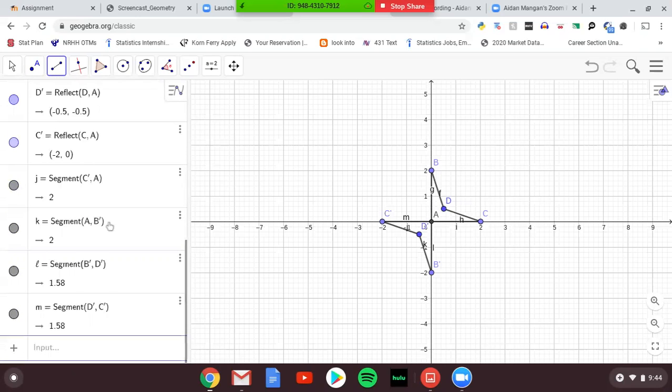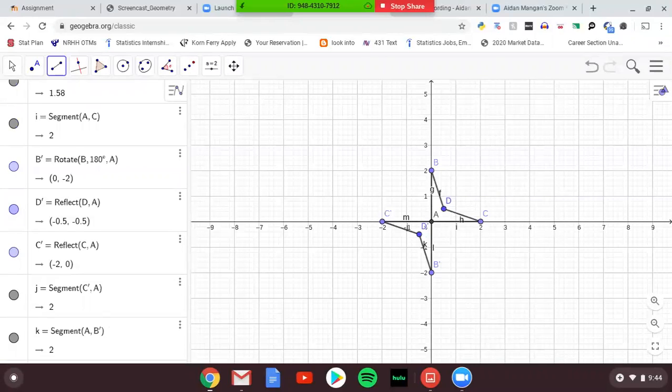And that is equivalent to L and M over here. So these are now equivalent figures. So we have this, and the coordinates now are, and this is important to remember, 0, 0, 0, -2, -0.5, -0.5, and -2, 0.